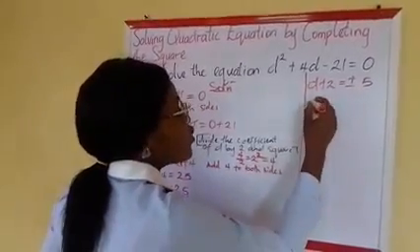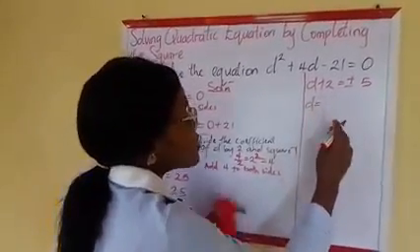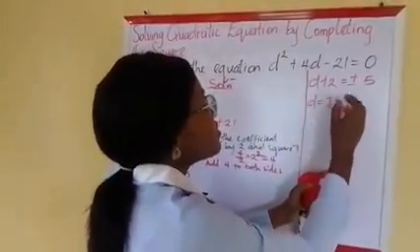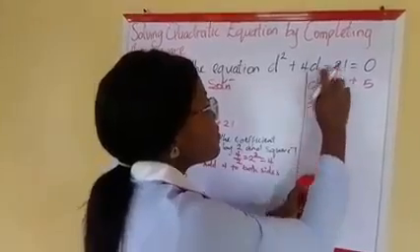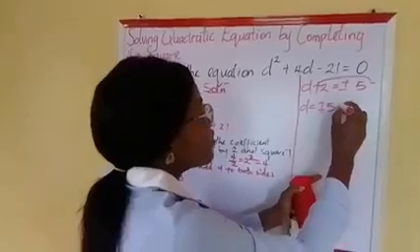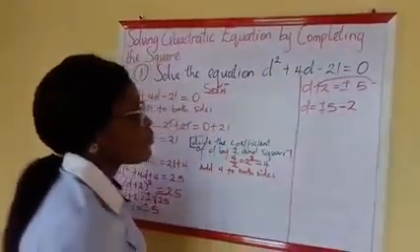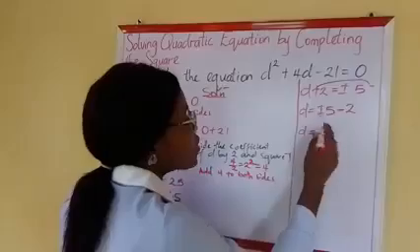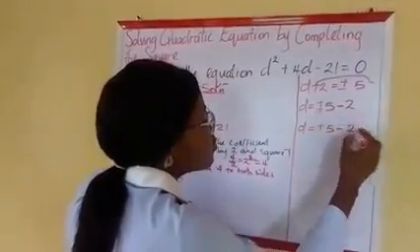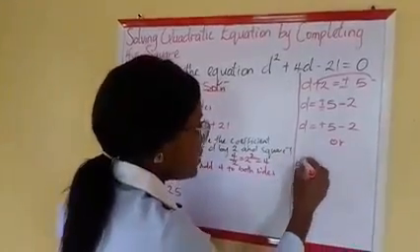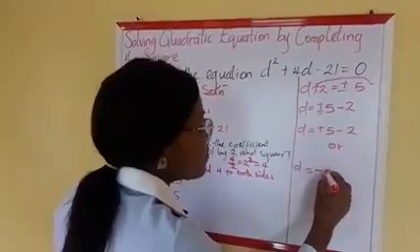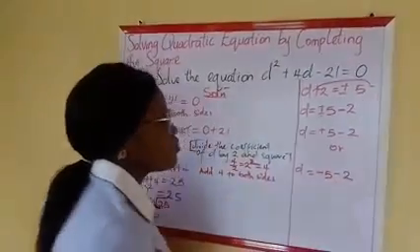Let's make our d stand alone. You have d equals plus or minus 5, plus 2 will cross over. It will change to minus 2. So d is equal, remember we have plus or minus. So one will be plus 5 minus 2, or you have d, we have written the one for plus, minus 5 minus 2.